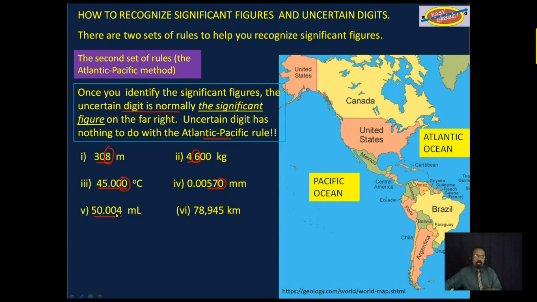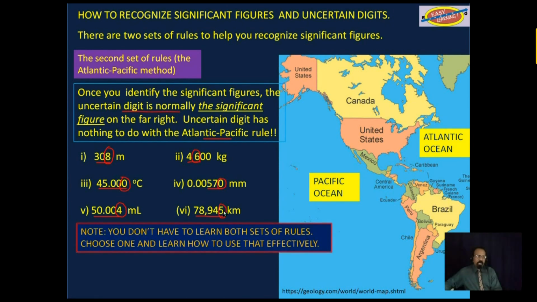And once we get the significant figures, the one on the far right is uncertain, so 4 is uncertain. And this last number here, 78,945 in kilometers, whatever rule you are using, in this case, I would prefer to use the one that says, if you don't have a 0, all the digits are significant. So we have 5 significant figures, and this 5 on the far right is uncertain.